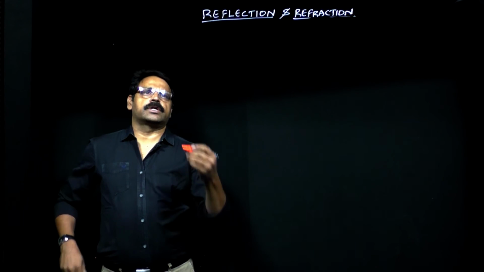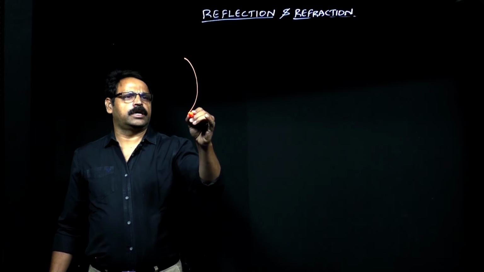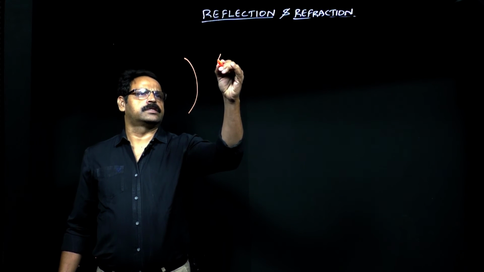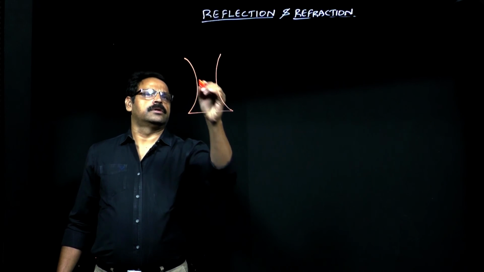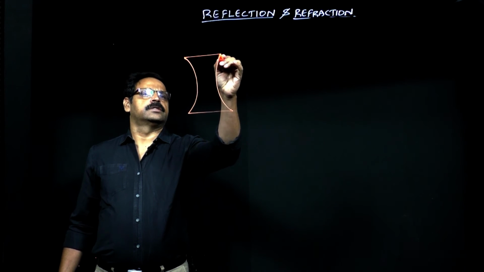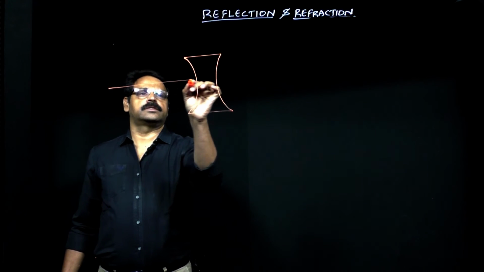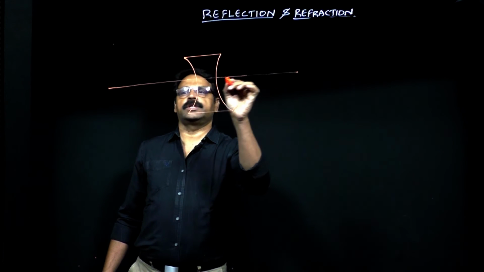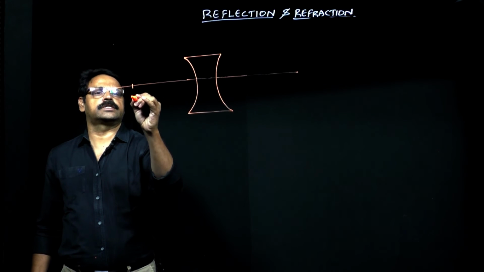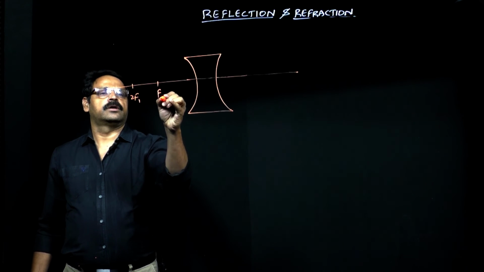We'll now look at the generalized case of image formation in the case of the concave lens when the object is moved from infinity towards the center of the lens. So obviously this is the principal axis we have, and now we are moving the object. Let us say this is 2f1 and this is f1.